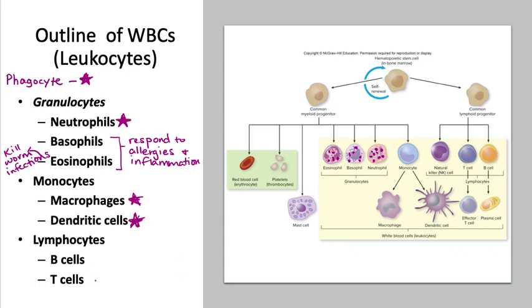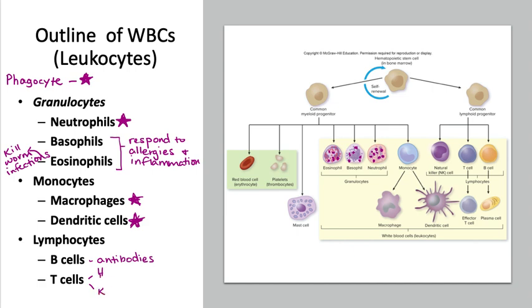Our lymphocytes are not phagocytic. Instead, they produce substances that harm pathogens, like B cells produce antibodies, and antibodies will target pathogens for destruction, but they won't actually destroy or engulf the pathogen themselves. And then our T cells, there are two types. We've got our helper T cells, or TH cells, and then we have our cytotoxic, or killer, T cells.